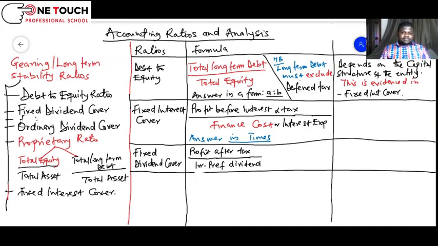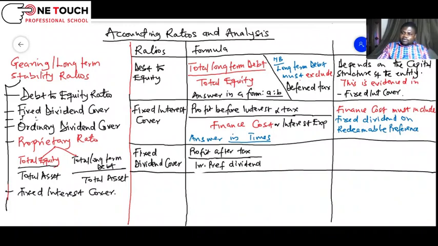Very, very important. We are looking at the dividend that is fixed, and we can talk of irredeemable. Don't forget the finance cost that we talked about and the fixed interest cover. The finance cost must include fixed dividend on redeemable preferences.